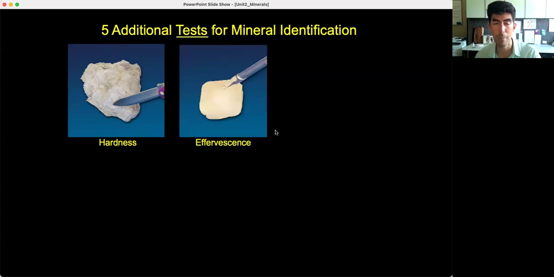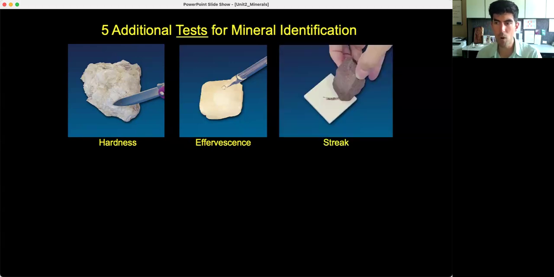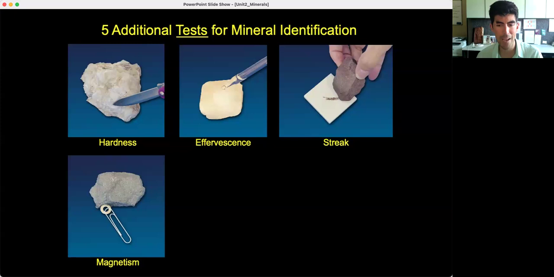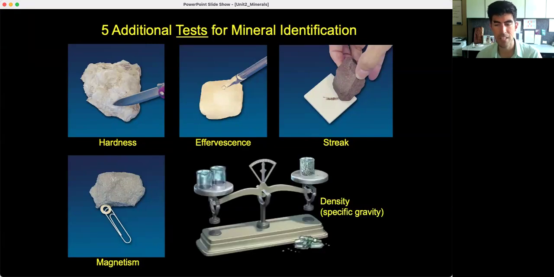Effervescence just means, will the mineral dissolve in acid? Streak is, what is the color of the fine-grained material that is scratched against the surface? Sometimes that actually changes color compared to the mineral as a whole. Magnetism is, is the material magnetic? And then density, how compact is the matter contained within it?